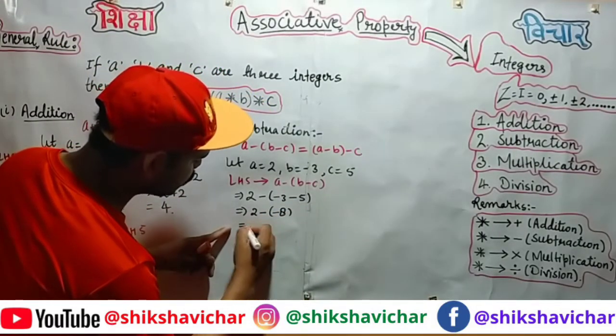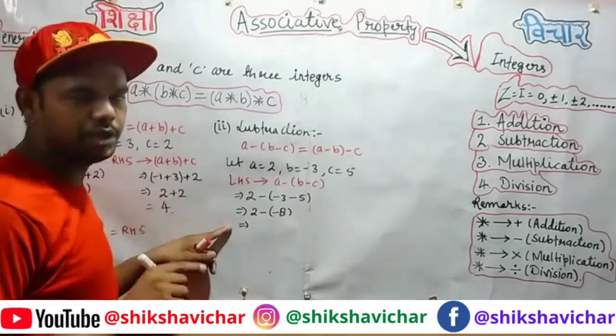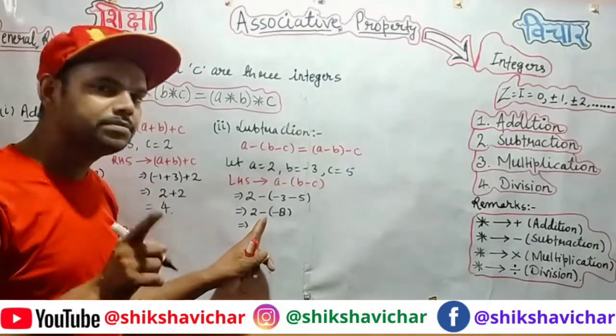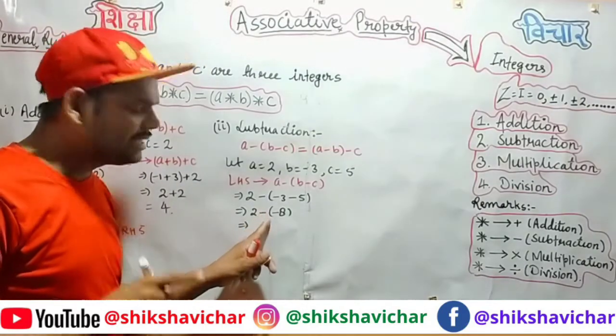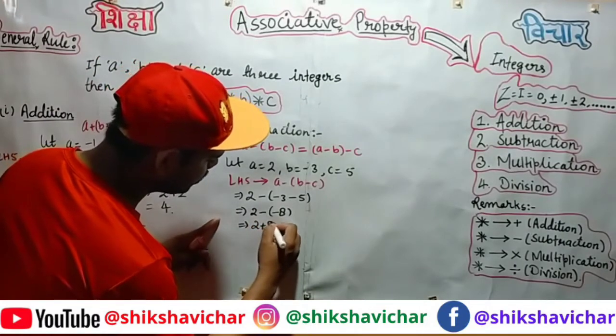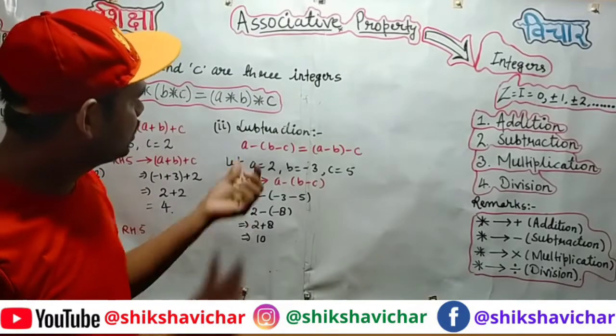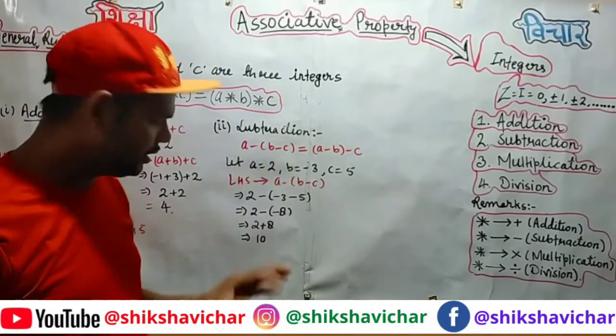Then 2 minus -8, this minus and this minus will become plus, because whenever we multiply minus with another minus, the result becomes plus. So 2 plus 8, and the answer would be 10. That means the left hand side, (a - b) - c, is 10.